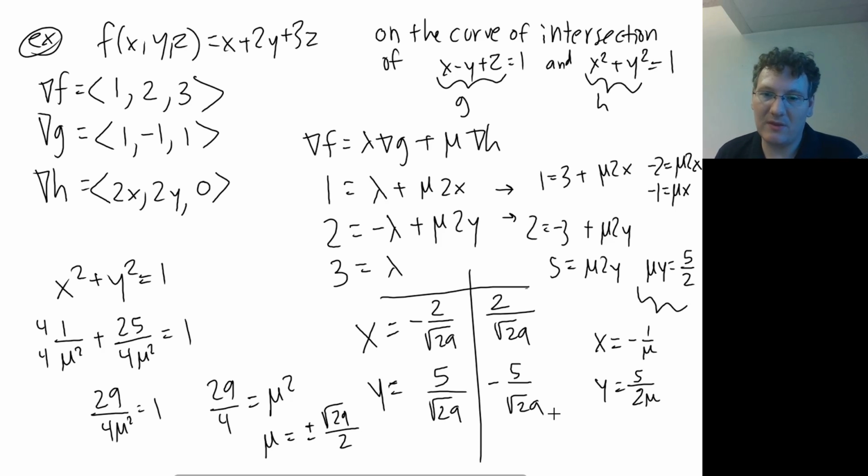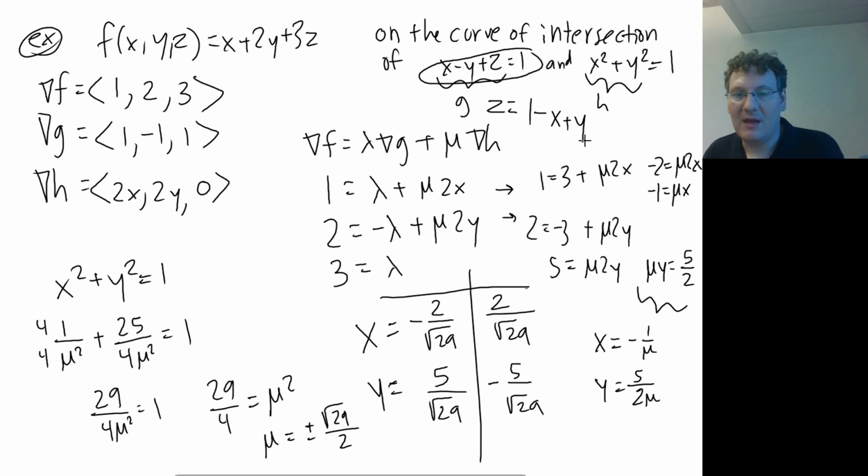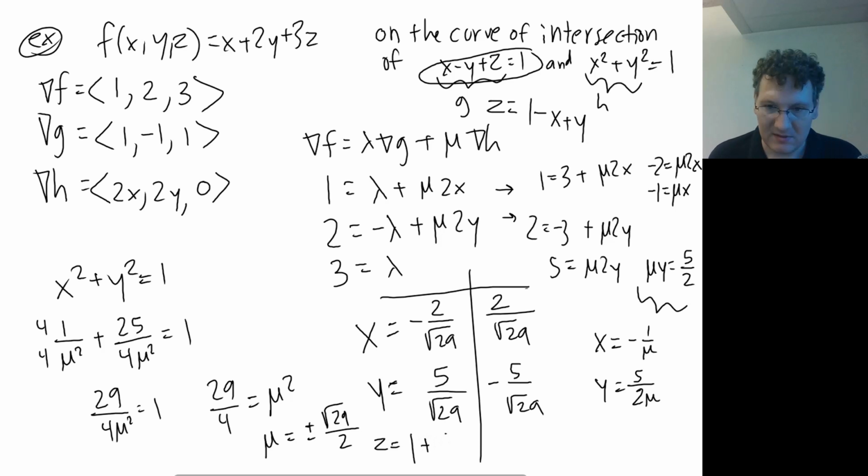And so lastly, to solve for z, you can just get z equals 1 minus x plus y, right? And so plus 7 over root 29, and we'd have 1 minus 7 over root 29.